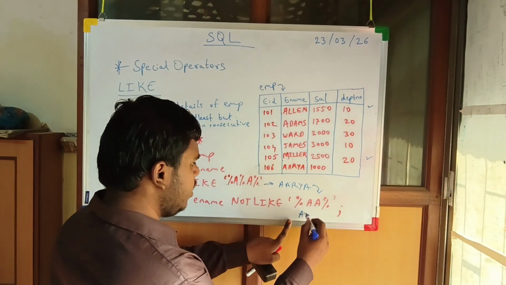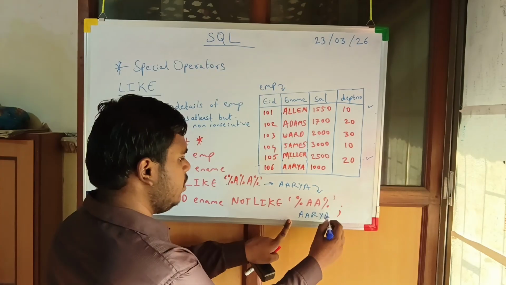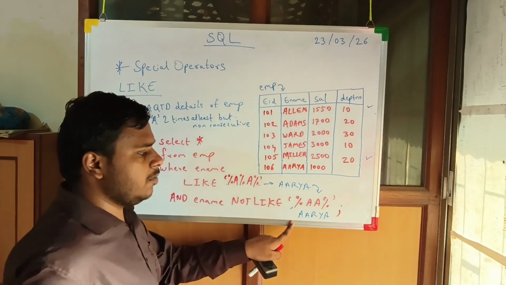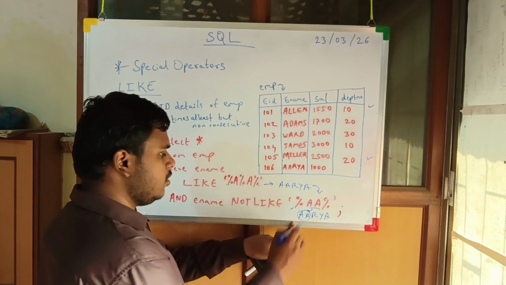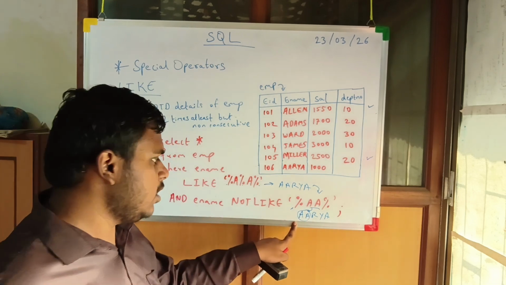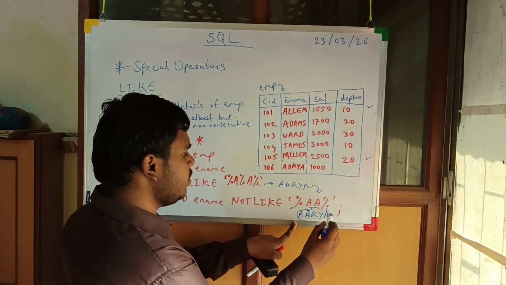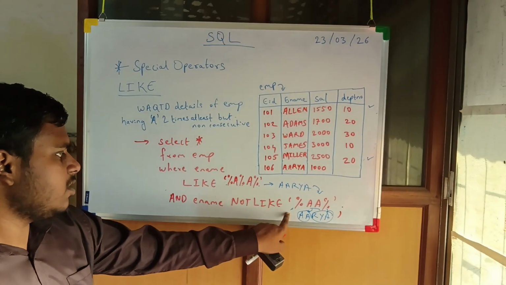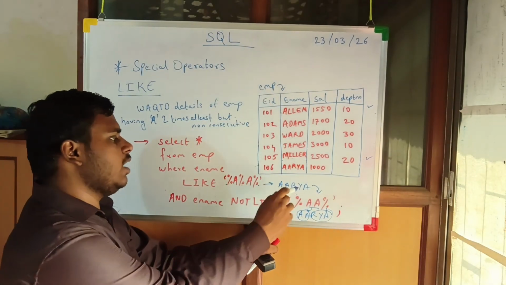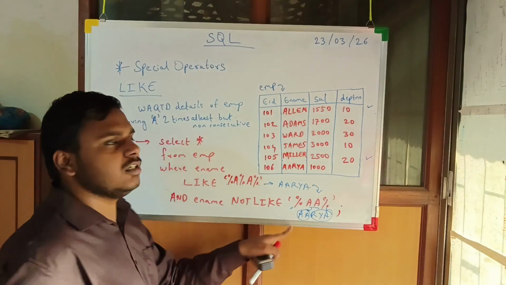Now it will check Arya here, A-A-R-Y-A. Your first percentage remains single, no use. 2 A will marry 2 A, same caste marriage, and the last percentage will accept RYA. So now Arya is accepted by the second condition, but it's not like, so Arya will get rejected because both conditions need to be satisfied.